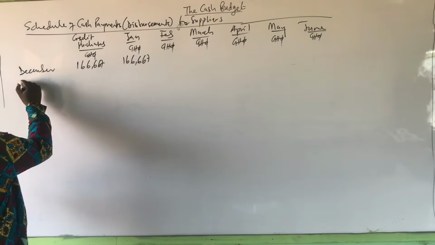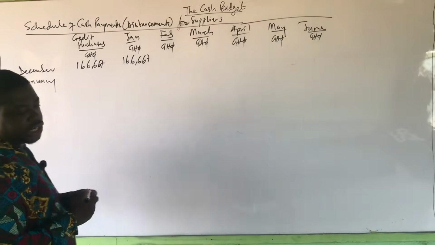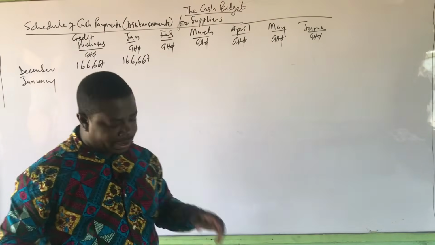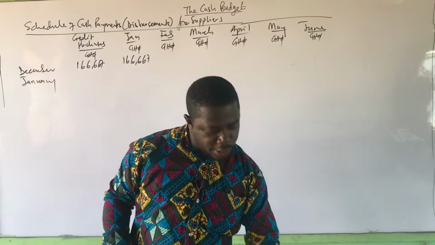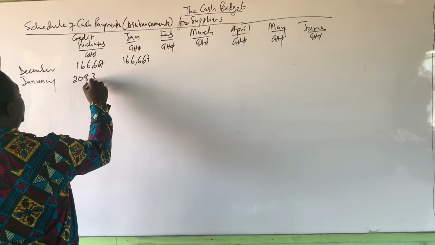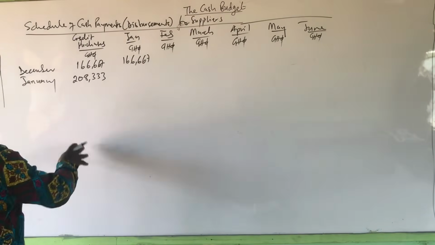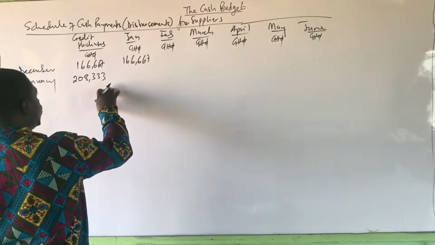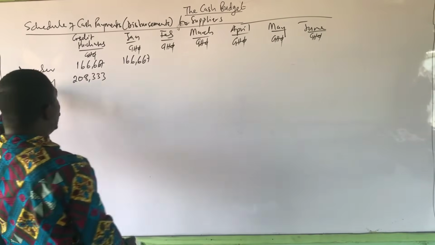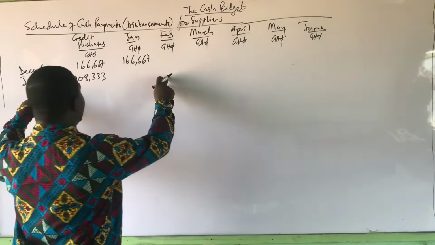Then let us look at January. What was January's purchases that we just calculated from our working? It was 208,333. Okay, so I can even list all of them and then pay. So 208,333. Because it's in January, the question says 1 month after goods are delivered, so it will be paid in February.